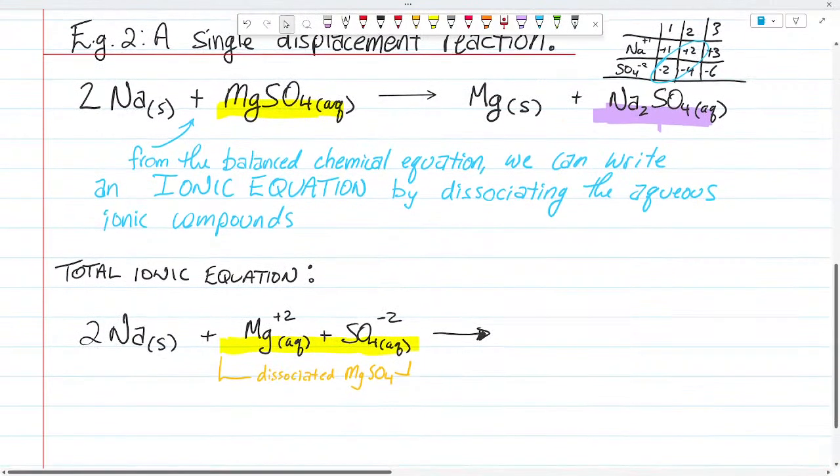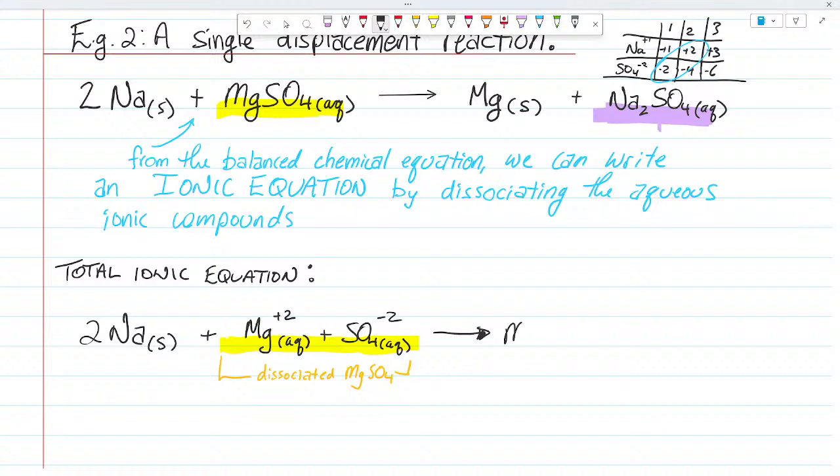What was our first product? Solid magnesium. Has that changed at all in this case? No, it's not ions. It's still just solid magnesium. But what has changed? Sodium sulfate. Now, when this dissociates, what do we get? Be careful. Very good. And what do we know? Are those solid sodiums?